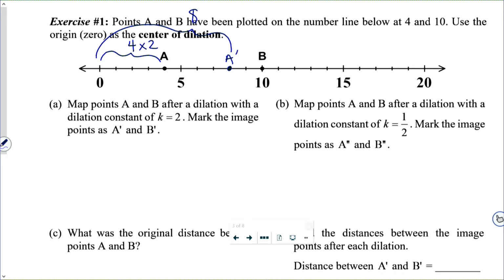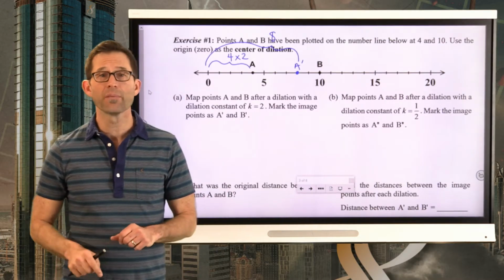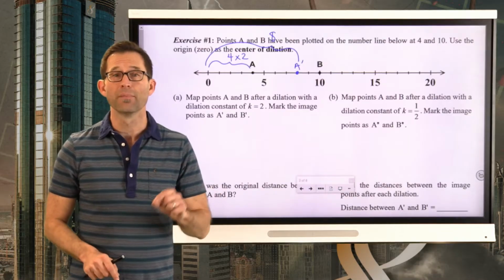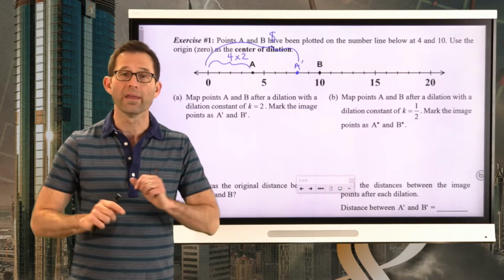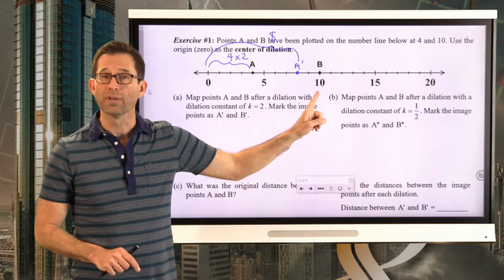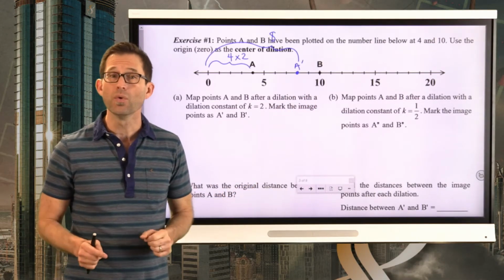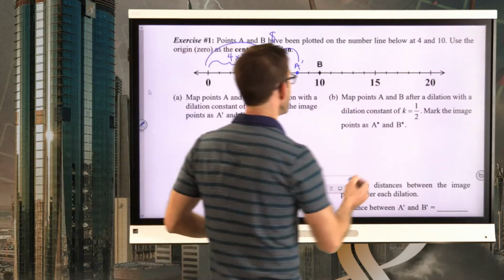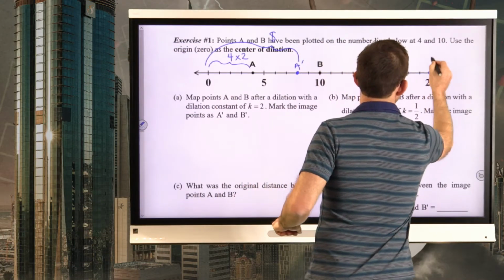So there's our A prime. Whereas A was 4 units from the center, A prime now has to be 2 times 4, or 8 units from the center. Same thing with B. B is 10 units from the center, times 2 gives us now 20 units from the center.